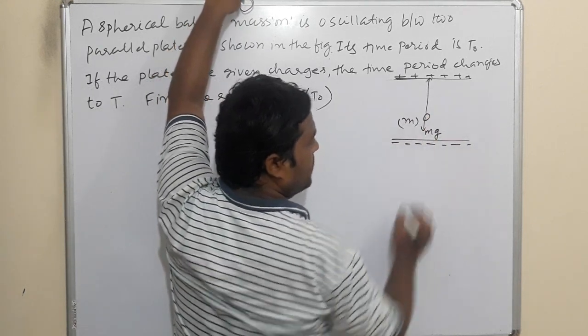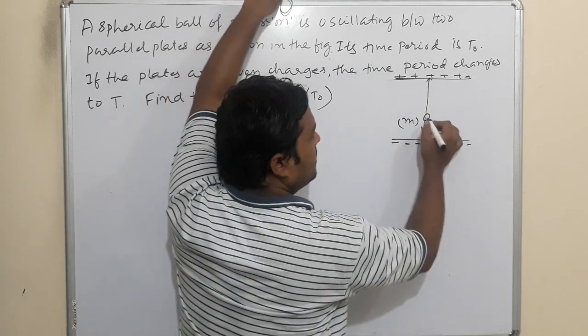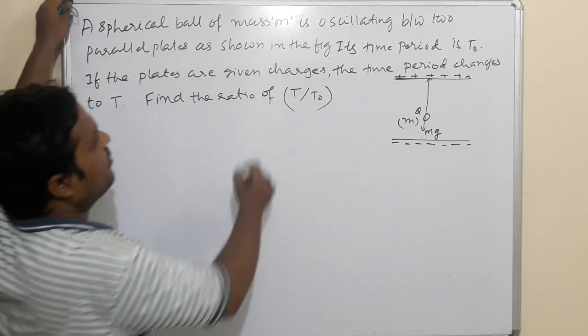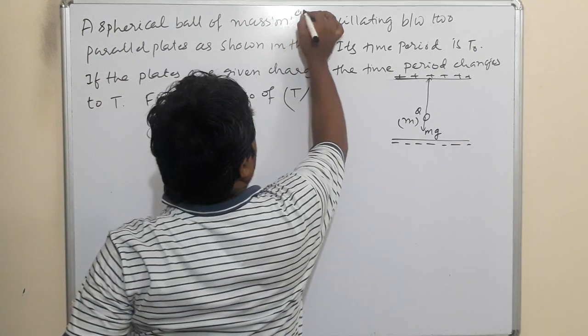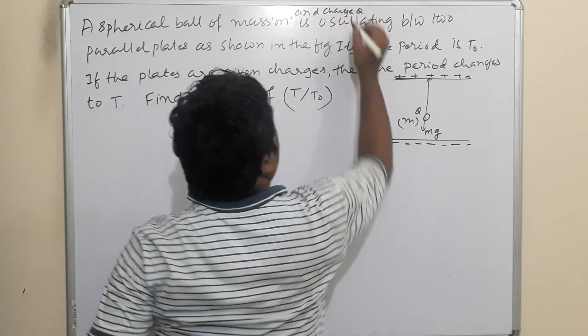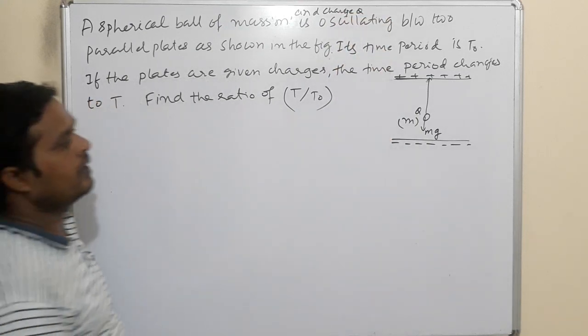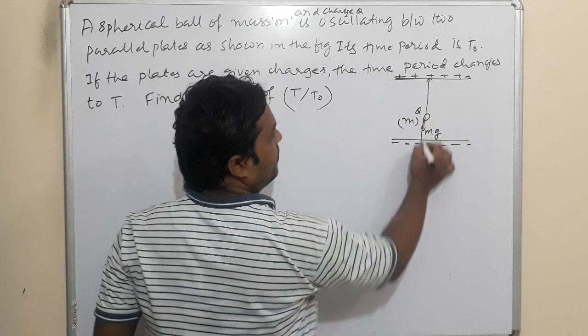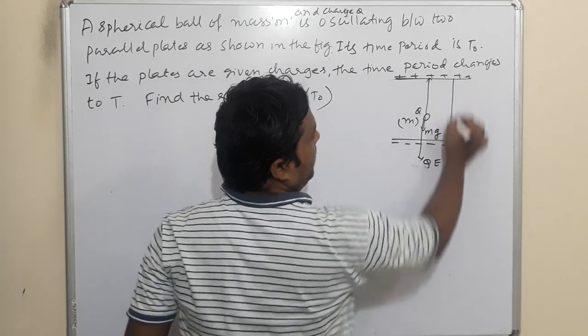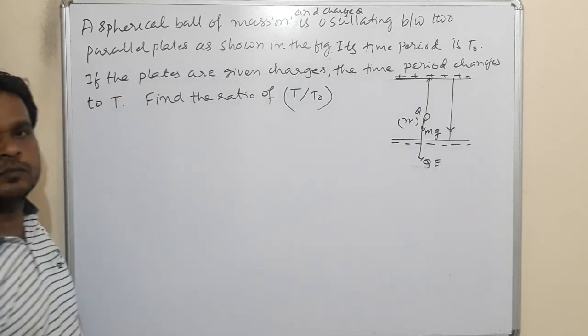Already an mg force is acting like this. If this is given a charge q, of mass m and charge q, then a net force will act in this direction. Another force, because the field is vertically downward.